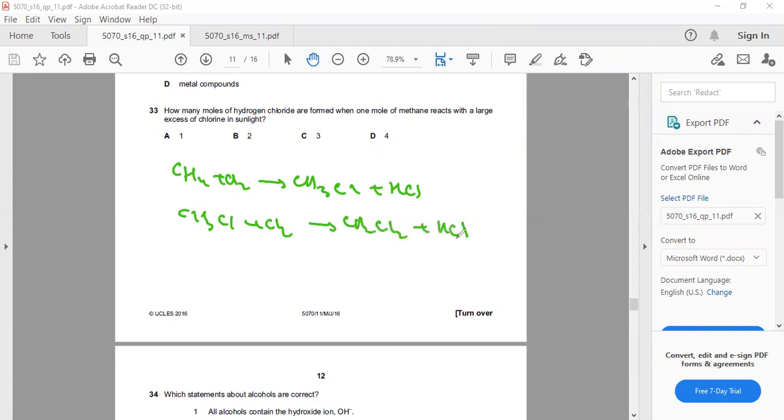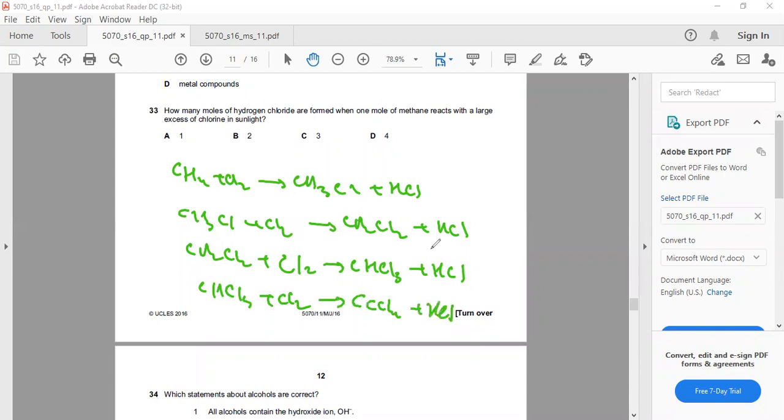This reaction you have to recall at your O level. In A level, you will see there are many more steps than this. Plus chlorine, CHCl3 plus HCl. Then CCl4 plus HCl. So how many HCl molecules? 1, 2, 3, 4. So 4 is the answer.